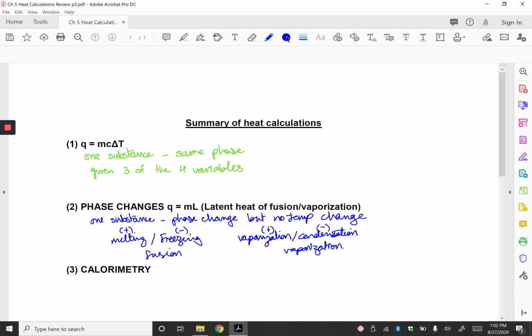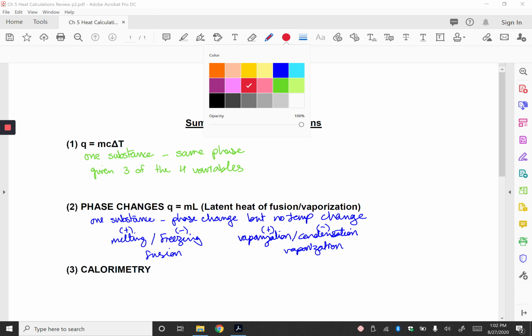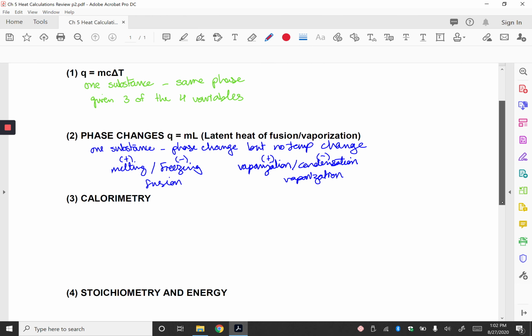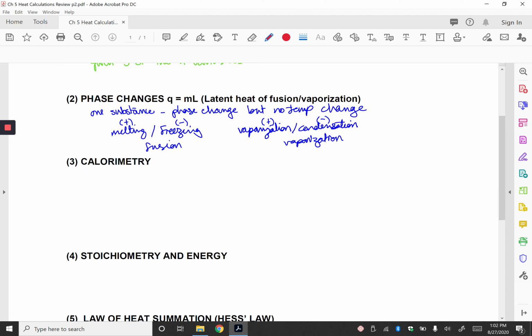All right, calorimetry, everybody's favorite. So when do you use calorimetry?